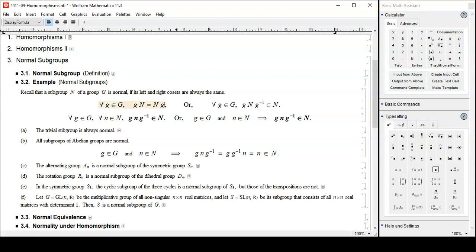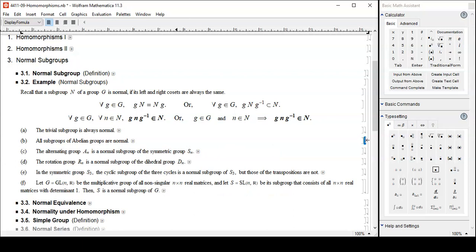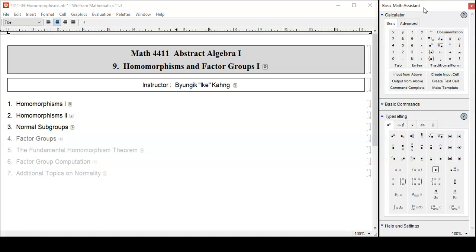You can always go back to this and then use the commutativity, or you can use these: g n g inverse, change the order, g g inverse, which disappears, and n is a member of N. Yes. We went through these trivial examples. But then again, there are some non-trivial examples, but they're going to require more time. And we don't have enough time, so let's stop here. And let's resume in the next video.